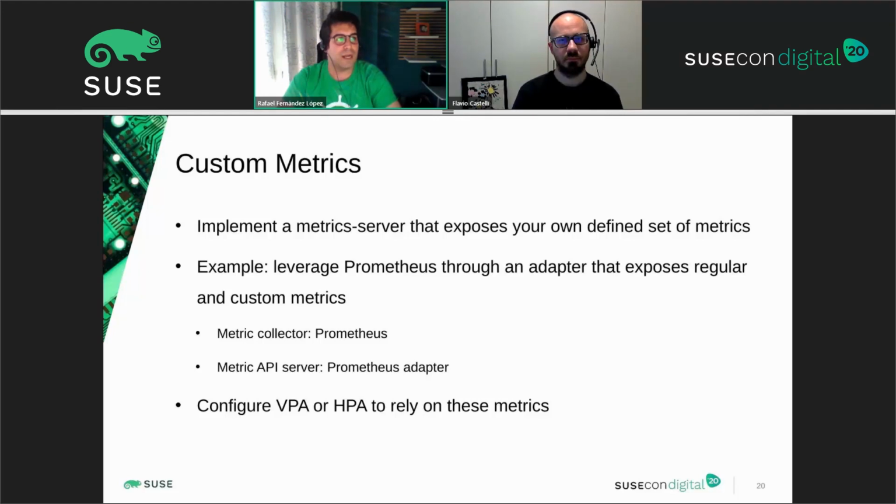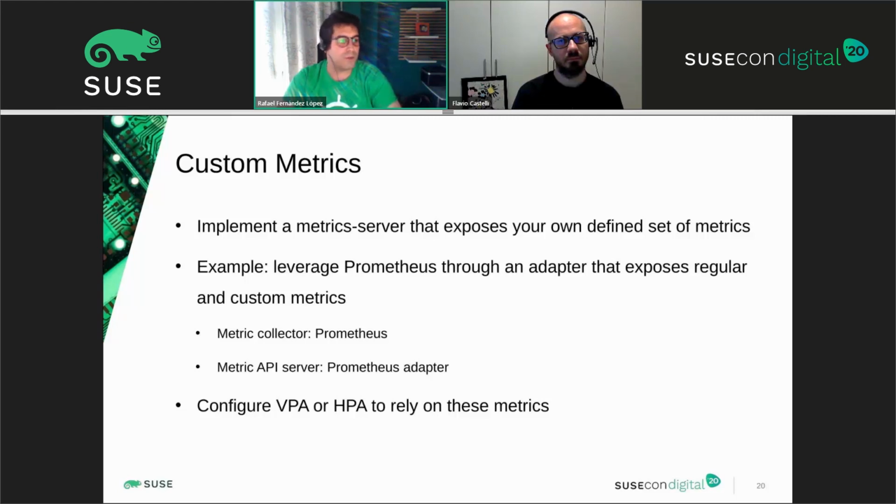The metric server has two kinds of custom metrics. Let's say this is the custom one, and then this is the external one. We will talk about the external one in a second. But the custom one is basically you have a simple template of the metric server, and you are able to export different kinds of metrics that your HPA and VPA can use from this. These are exported metrics. So for example, you can also leverage Prometheus through an adapter that exposes this as custom metrics.